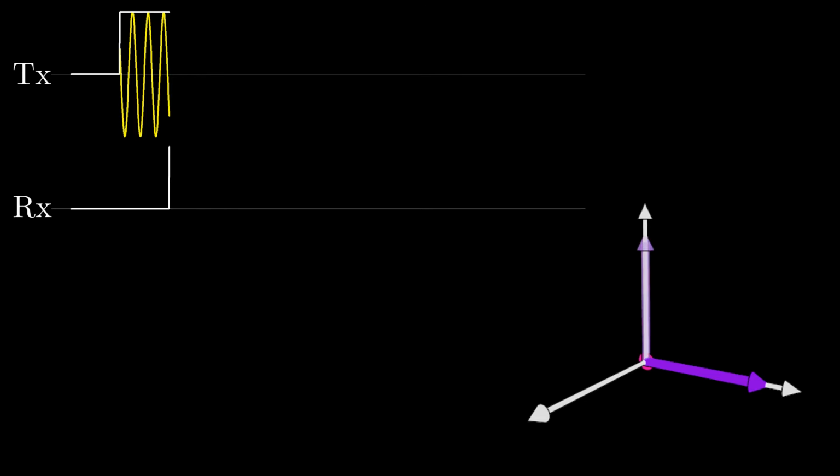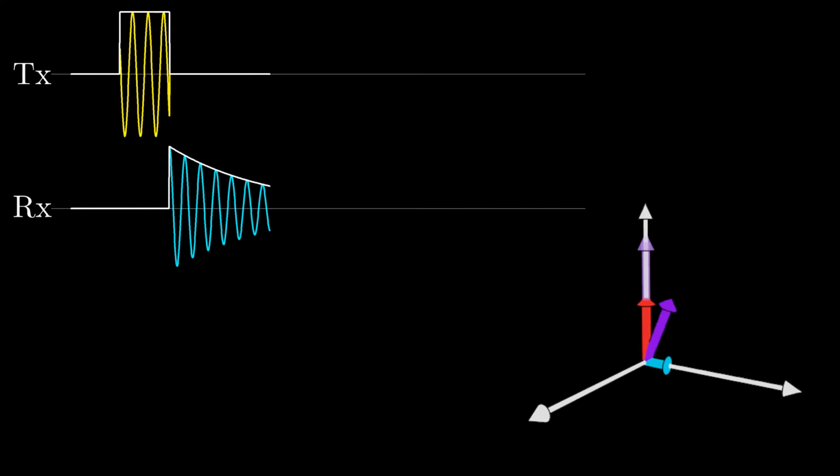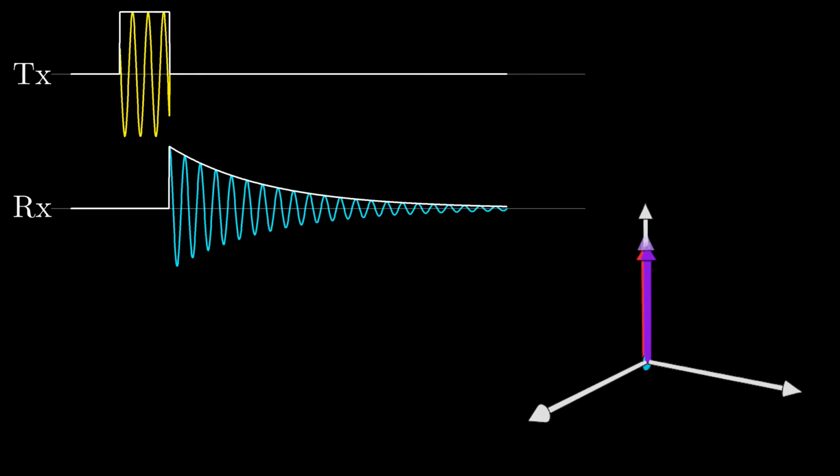In the laboratory frame of reference, the B1 pulse rotates at the Larmor frequency, as does the magnetization M. When our magnetization has been rotated, say 90 degrees, it's entirely perpendicular to the static B0 field, maximizing our detectable signal during its precession. We then detect the resultant free induction decay as the magnetization works its way back to Boltzmann equilibrium. This is often called a ping experiment or pulse acquire.